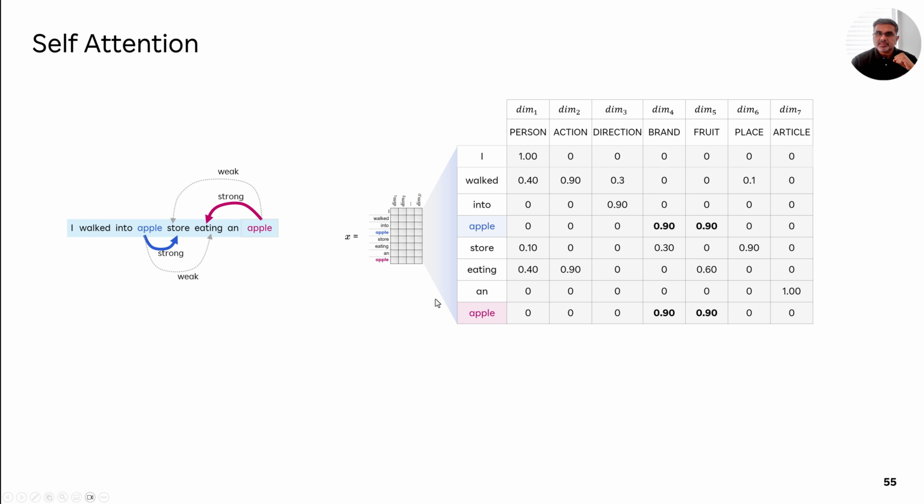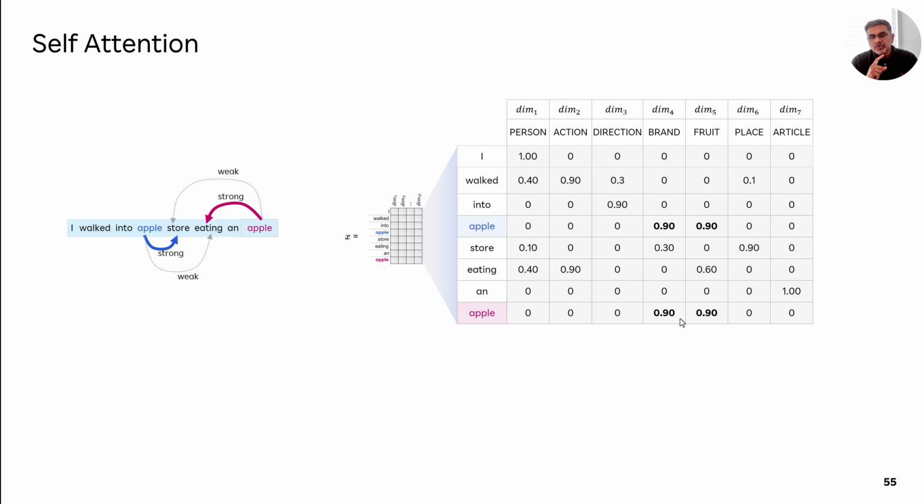As an example, for this sentence, I walked into Apple store eating an apple, these are the different dimensions, dimension 1 through dimension 7, like the different feature dimensions of person, action, direction, brand, fruit, and so on. Now, the word embeddings are the same for the same word. So if you look at Apple, it has a score of 0.9 for brand and it has a score of 0.9 for fruit. And because the word Apple appears again, it will have the exact same word embedding, correct?